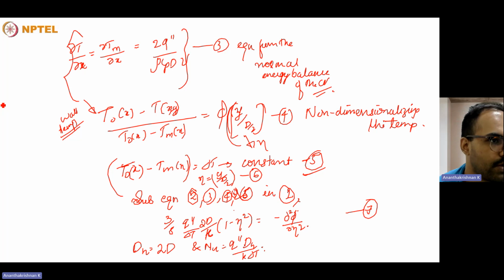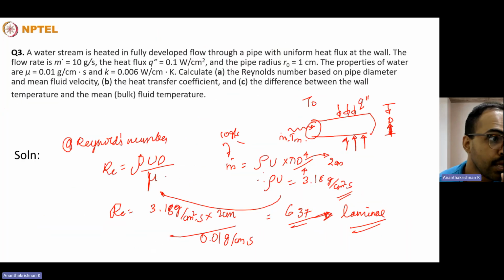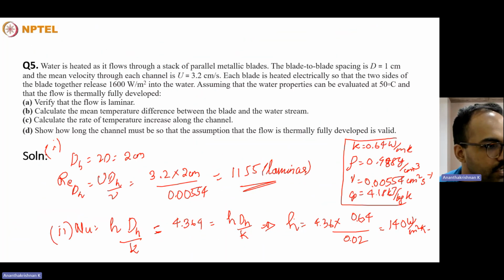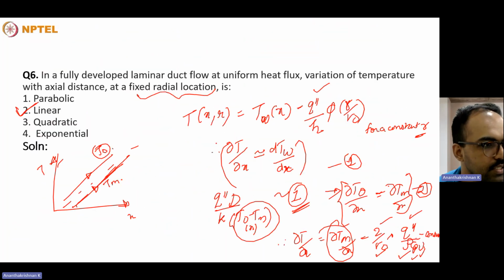We can't directly get the values as such. And we have seen a few multiple choice questions based on this heat flux, several variants of it, and finally a few numerical type questions and a few multiple choice questions as well, including a single multiple choice question that deals with the uniform wall heat flux case.